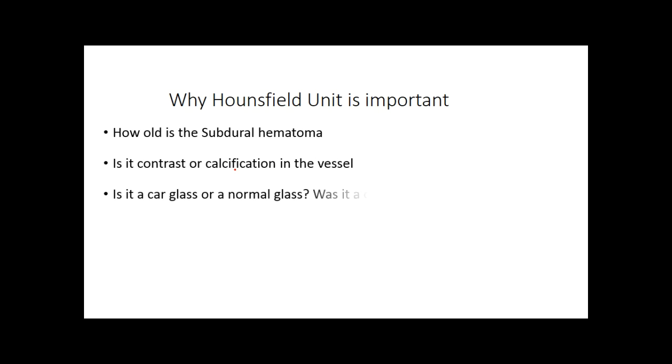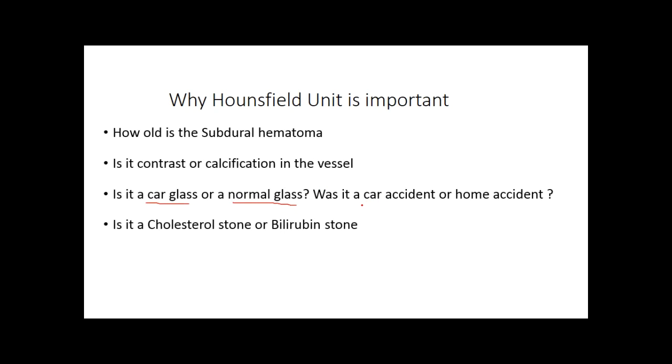If a patient had an accident and there are glass foreign bodies in the patient, you want to know if it is car glass or normal glass. You can know, so you will know if it is a car accident or a home accident. You can know if a gallbladder stone is made of cholesterol or bilirubin.